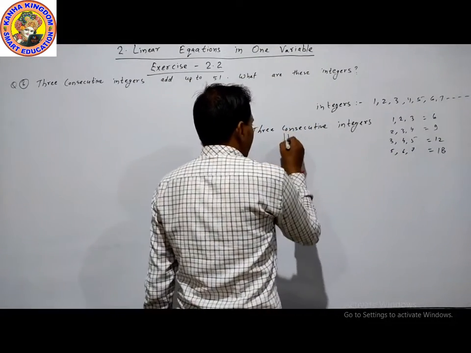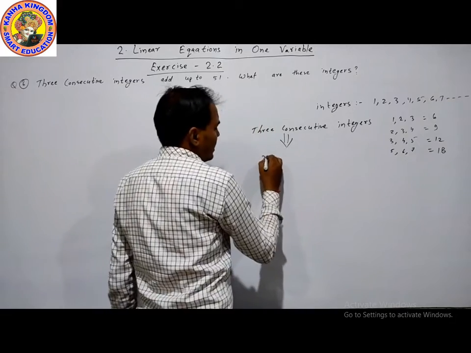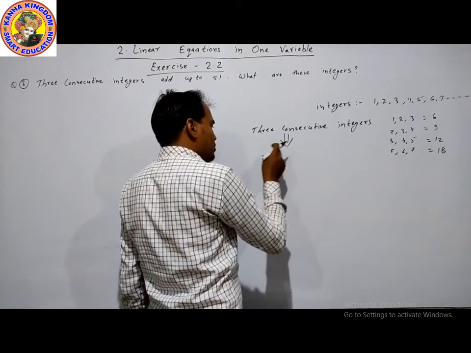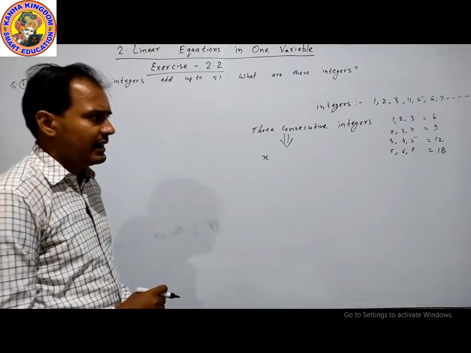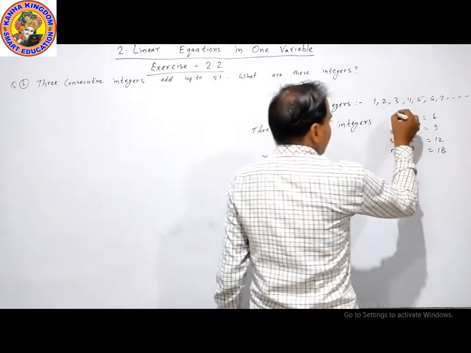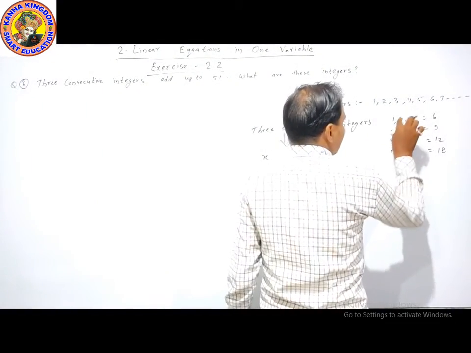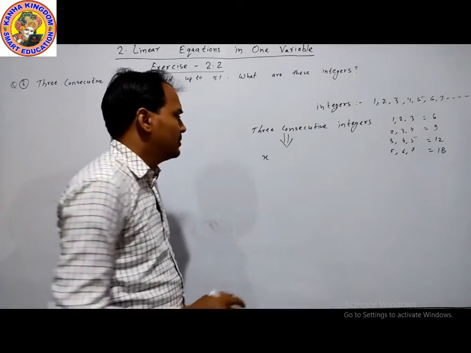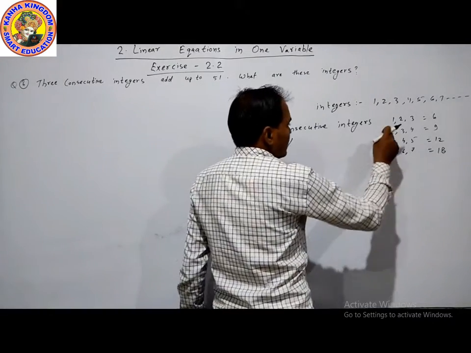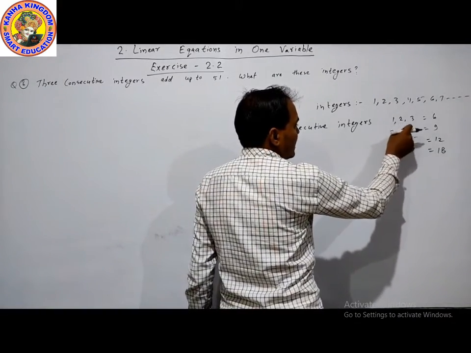We take 3 consecutive numbers and assume our first number is x. Then the next number is x plus 1: if we select 1, the next is 1 plus 1, 2; if we select 2, then 2 plus 1, 3.